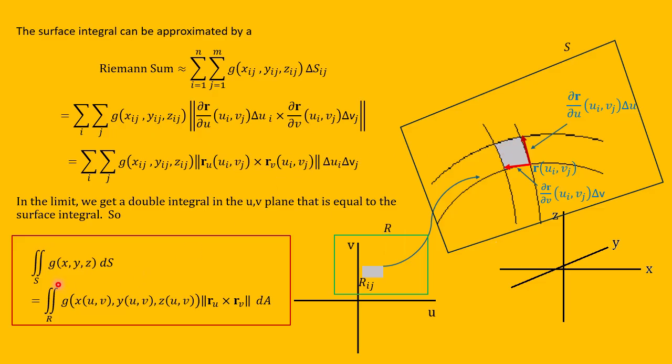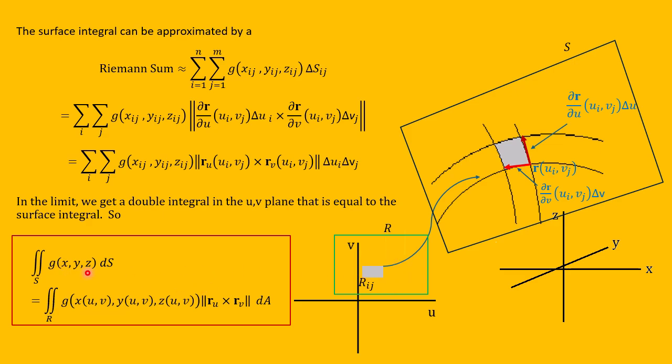To make a long story short, the surface integral in that case is going to be the integral over the rectangle R of g of x of uv, y of uv, z of uv, times that cross product, times the differential of area, which is used in this UV plane.